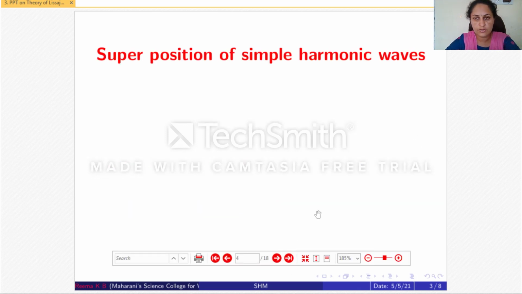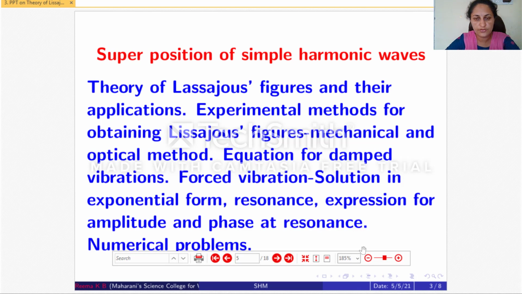Under superposition of simple harmonic waves, we are supposed to learn the theory of Lissajous figures and their applications, experimental methods for obtaining Lissajous figures, mechanical and optical method, equation for damped vibrations, forced vibration, solution in exponential form, resonance, expression for amplitude and phase at resonance, along with the numerical problems.